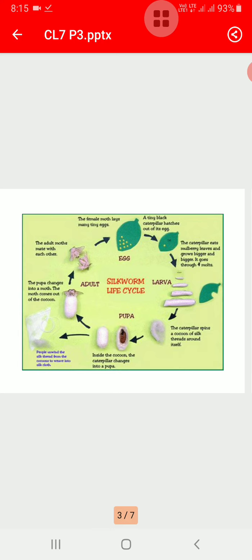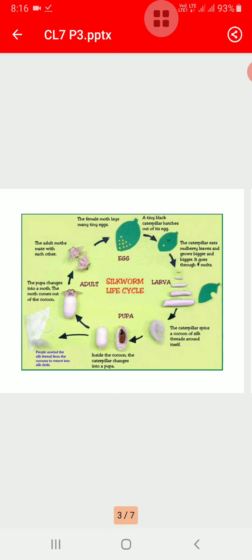When it is ready to enter the next stage in its life cycle, it first weaves a net to hold itself. It then secretes a fiber made of protein which hardens on exposure to air. This is the silk fiber.